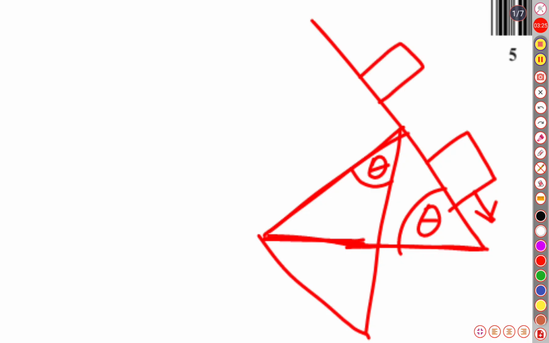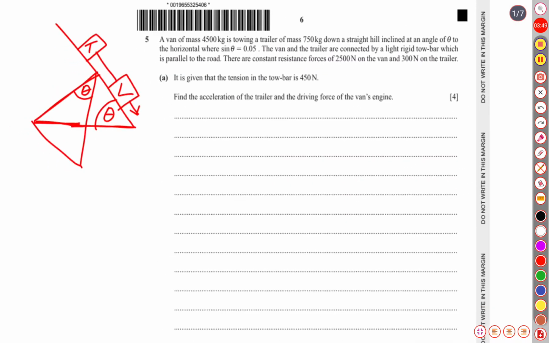The trailer is being towed by the van. Well, that's all about the information. Now we are going to solve the solution stepwise. Yes, this is the scenario.